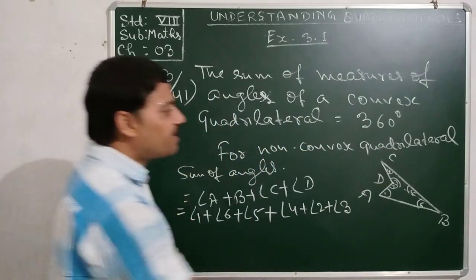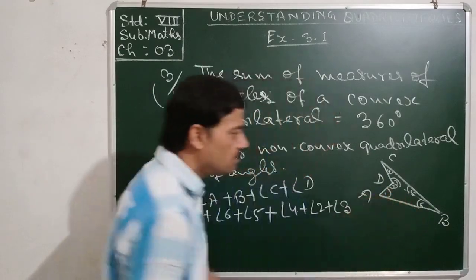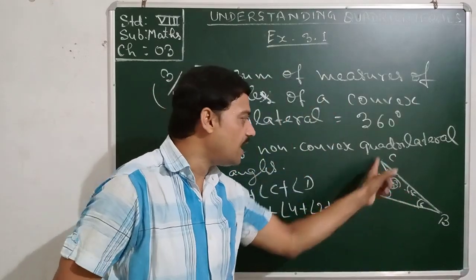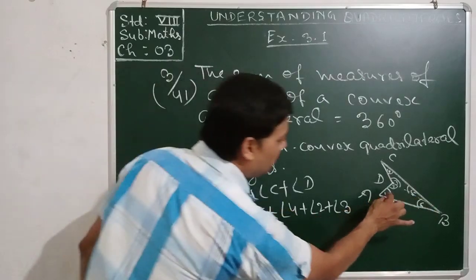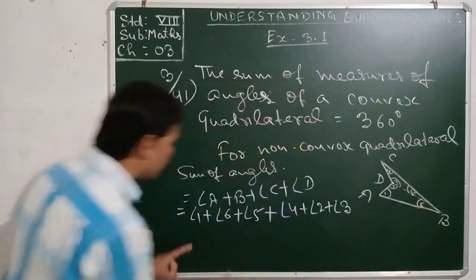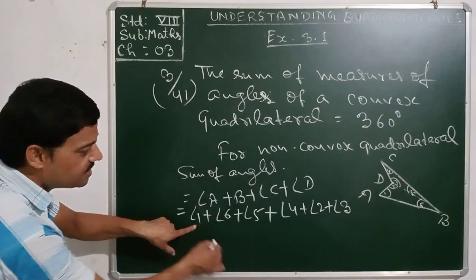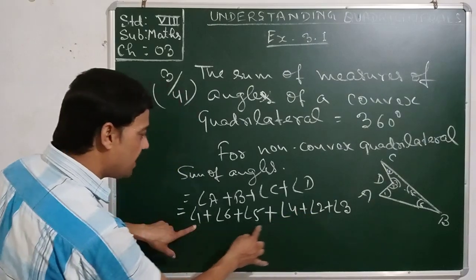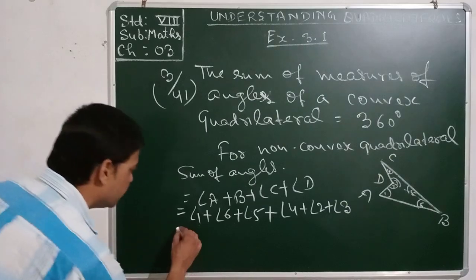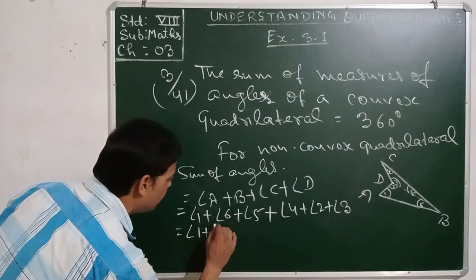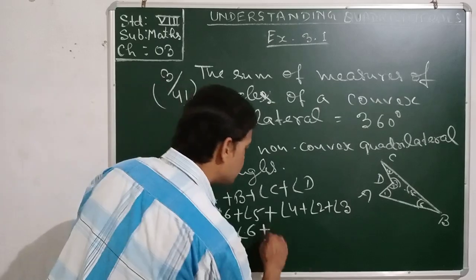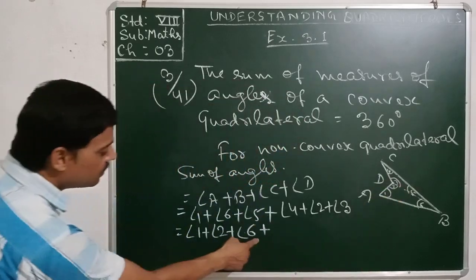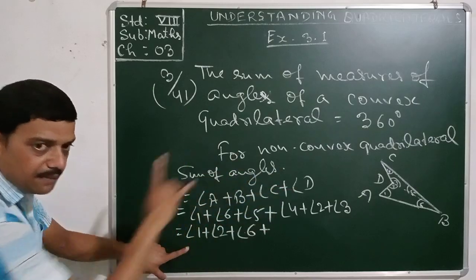Now, if we consider ABD as one triangle and BCD as another triangle, then see here, angle 1 is there, angle 2 is there and angle 6 is there. We can group them together. Angle 1 plus angle 2 plus angle 6, these are the angles of triangle ADB.